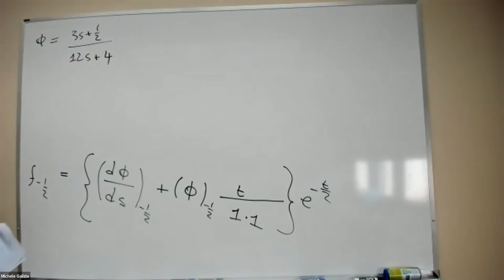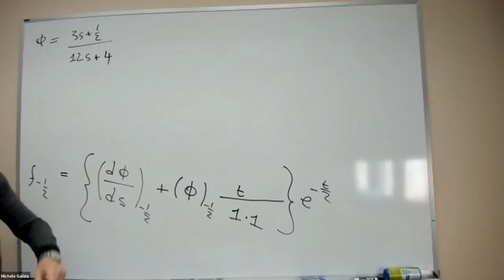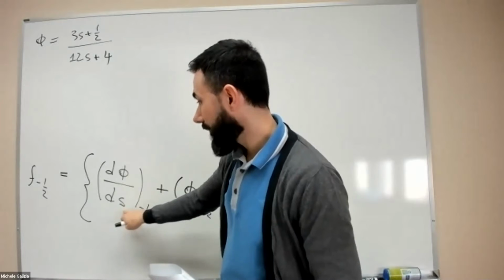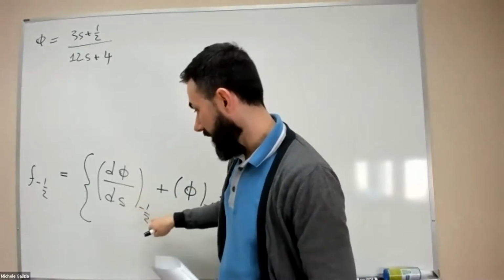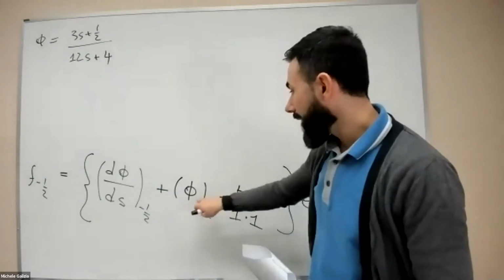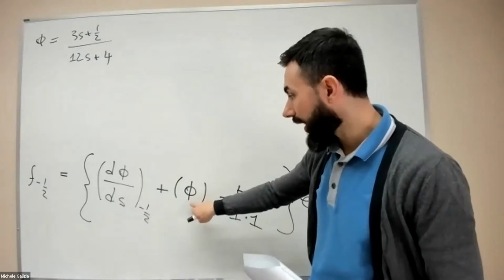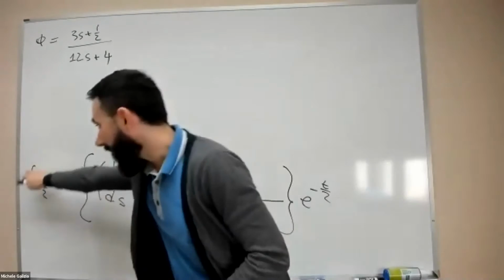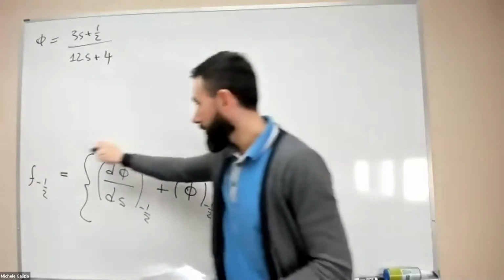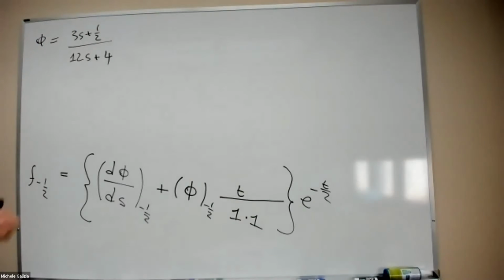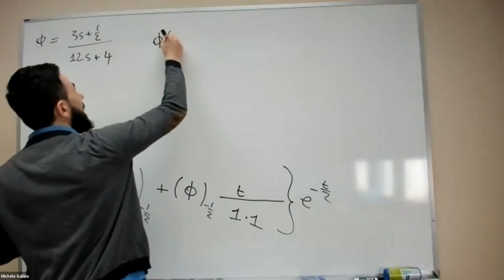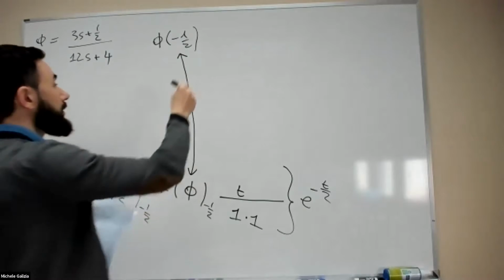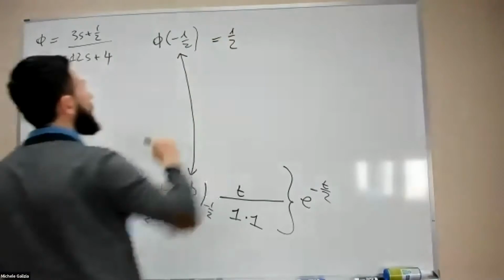Okay, so we have to calculate now the derivative of phi with respect to s, and then evaluate this derivative in -1/2. And then we have to evaluate the function phi in -1/2 in order to get the analytical expression of this contribution. So phi calculated in -1/2 is 1/2.